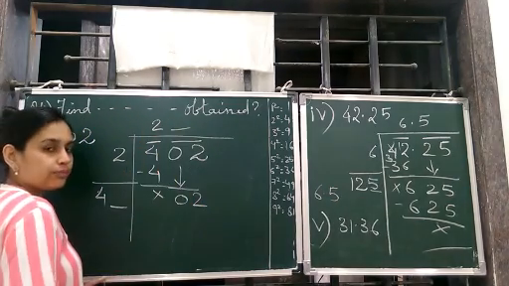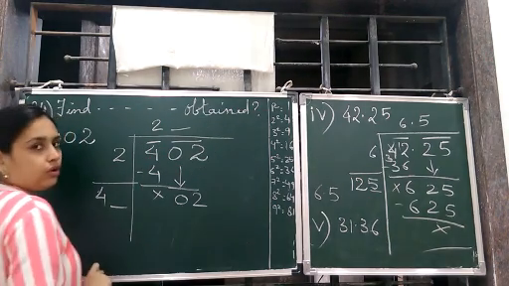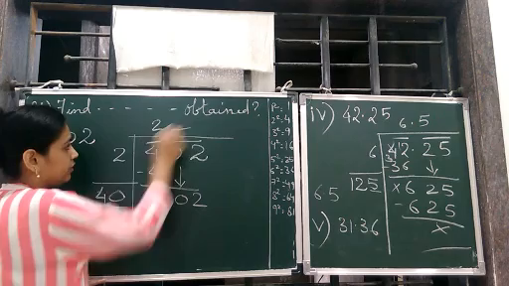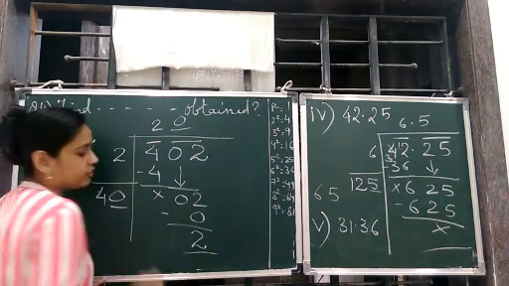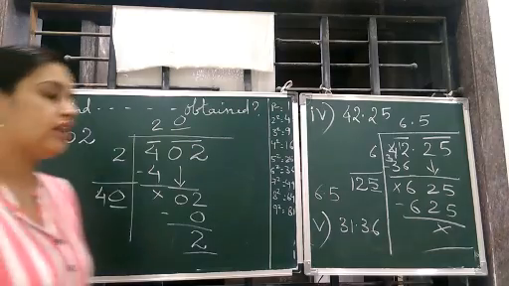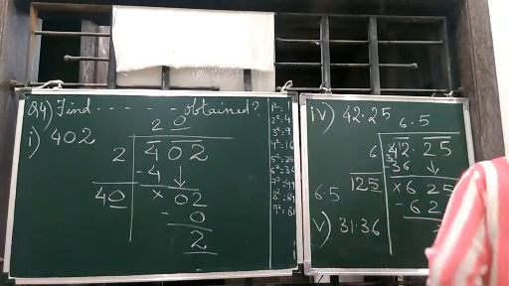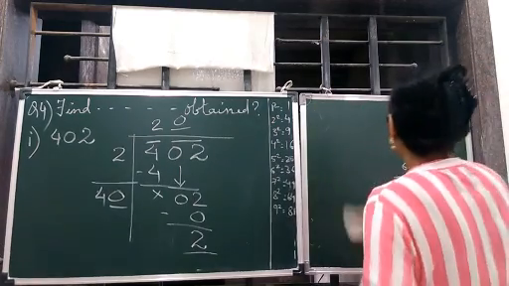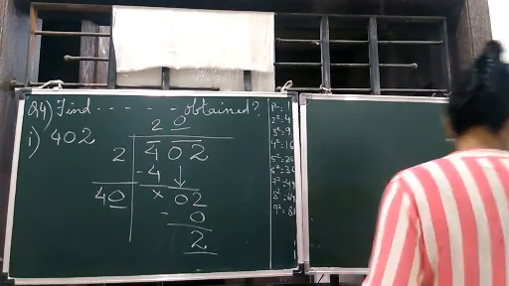Now what number should it take to go? It will go 0 times, correct? So 0, 0 is 0. So your remainder is what? 2. So the smallest number that you will subtract, or the least number to be subtracted will be what? 2. So let's write that.